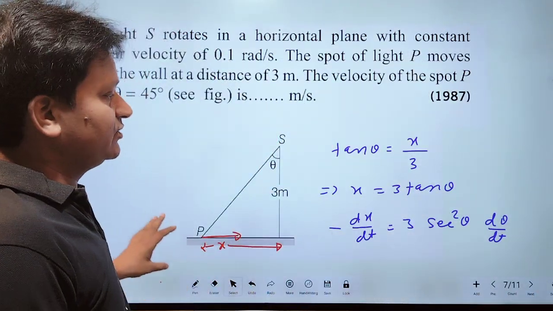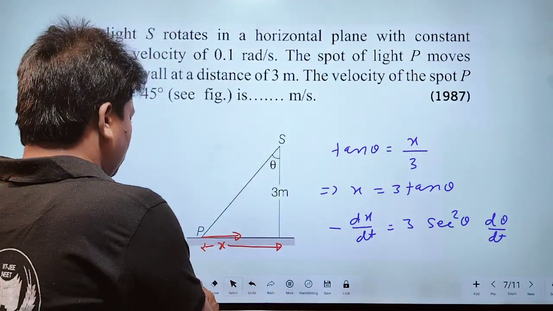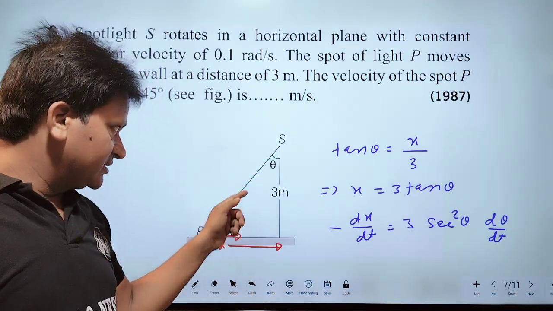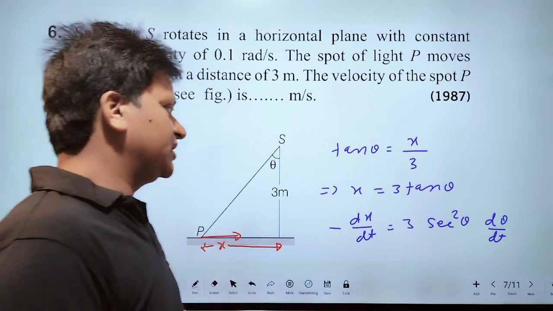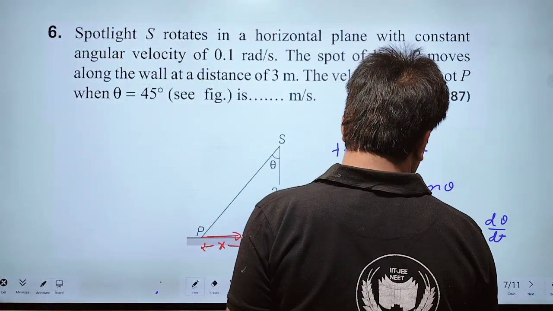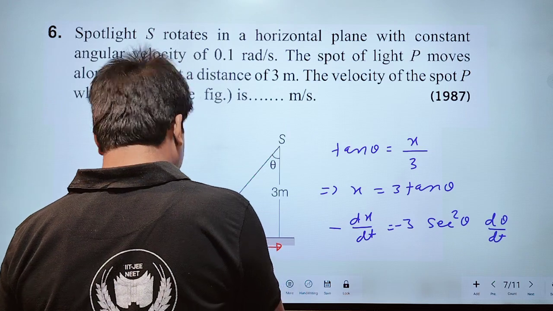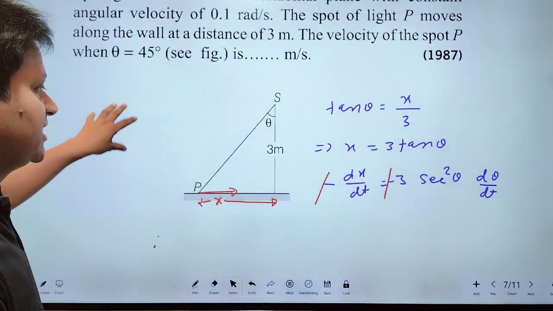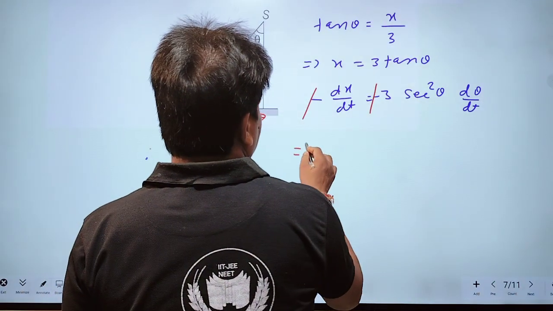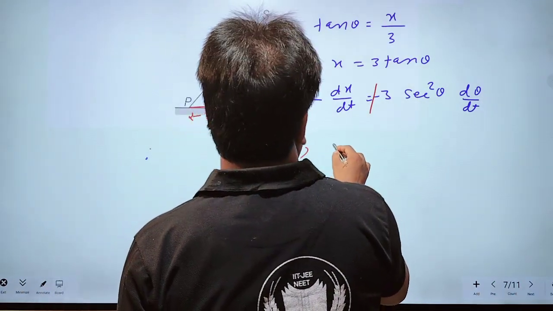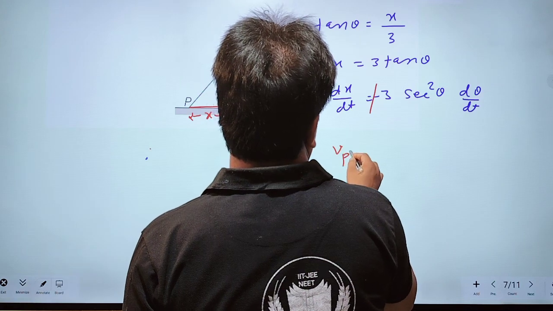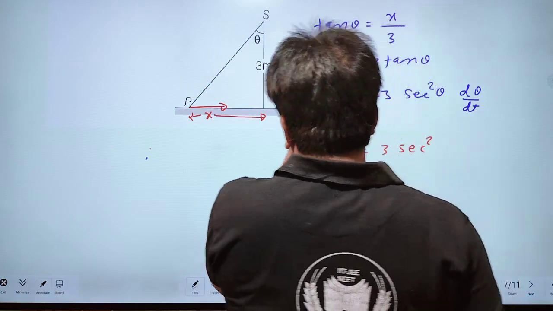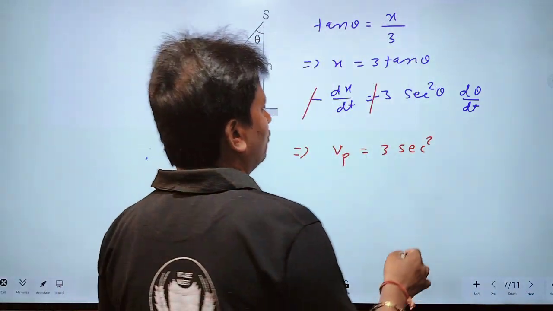As the particle moves towards this, the angle also decreases, so it will be negative. The negative sign cancels out on both sides. Therefore dx by dt, which gives the speed of the particle P, is 3 sec square theta times d theta upon dt, which is omega.